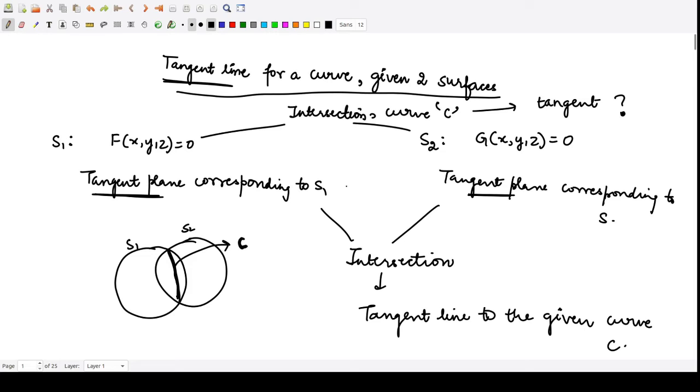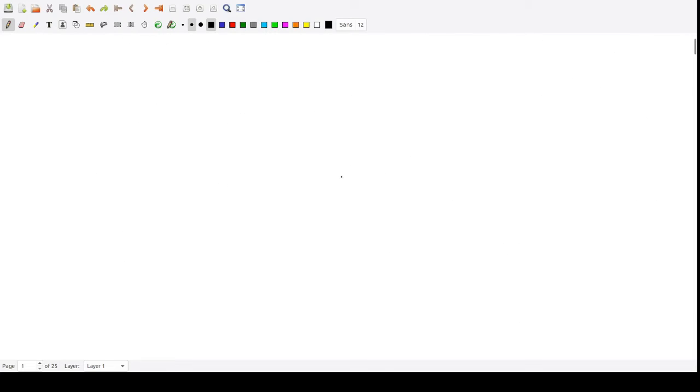So let us have a look at how to implement this idea. We are given these two surfaces. The first one is f(x, y, z) = 0, and another one is g(x, y, z) = 0. These two surfaces are given to us.